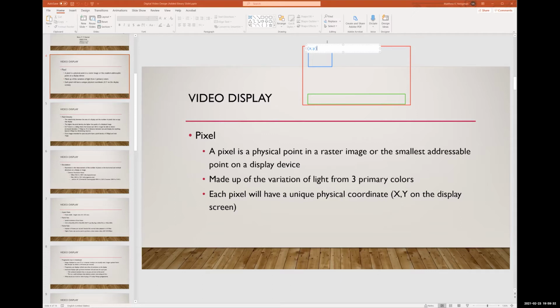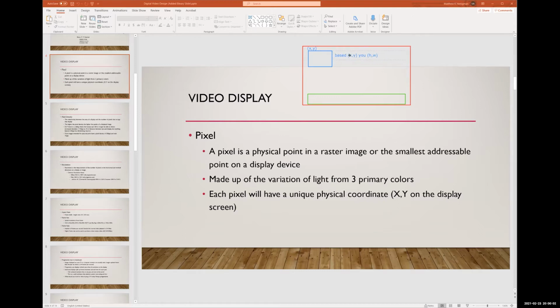So it's going to have some XY location, and then let's put this in another place. Based off of that XY, you're going to have your height and width of the object or the asset in pixels, right? This will all be measured in pixels.